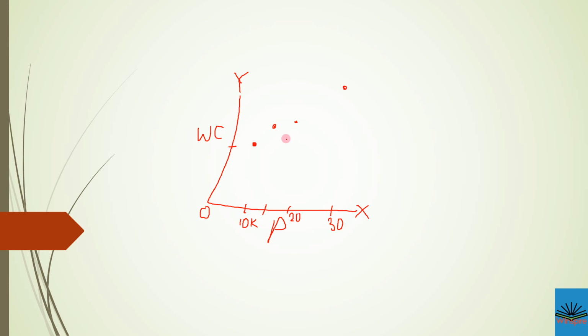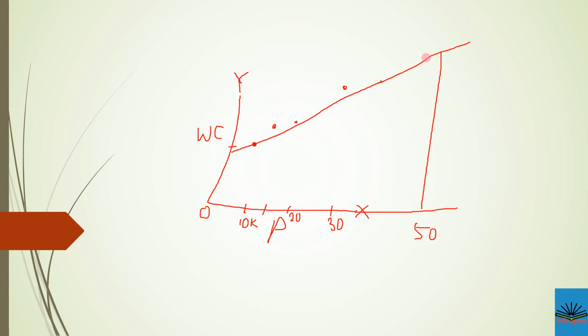So you can see here, guys, it looks like there is some kind of relationship. As population is increasing, water consumption is also increasing, and if we try to make a straight line here, it will be something like this. This is called a regression equation. So if we extrapolate this line to here, we can probably see what the water consumption is for this population, which is, let's say, 50,000.